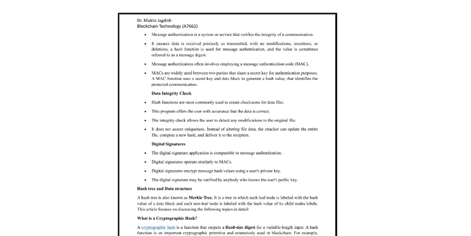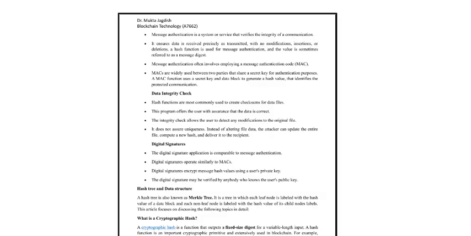Instead of altering file data, the attacker can update the entire file, compute a new hash and deliver it to the recipient. So it is most important when we talk about the data integrity check. We have to always make sure that with these applications of the cryptographic hash function, the data will be more secure.